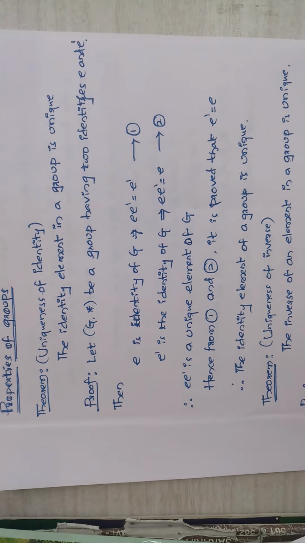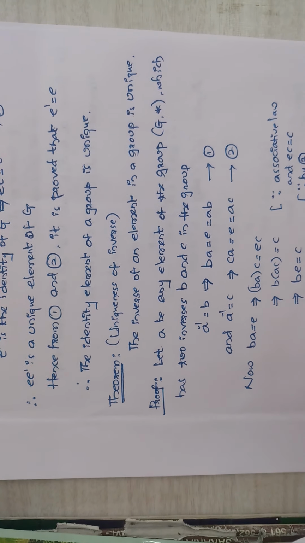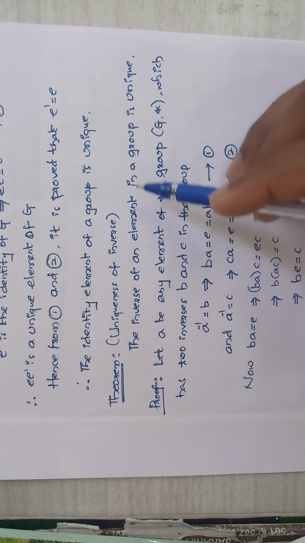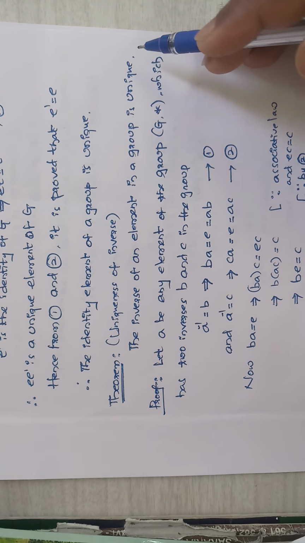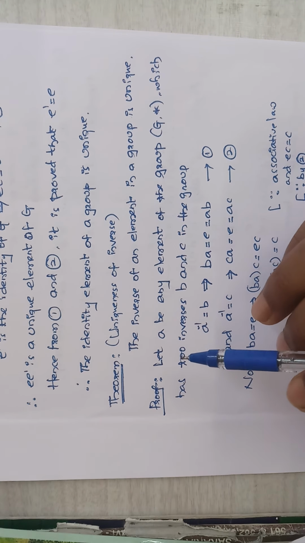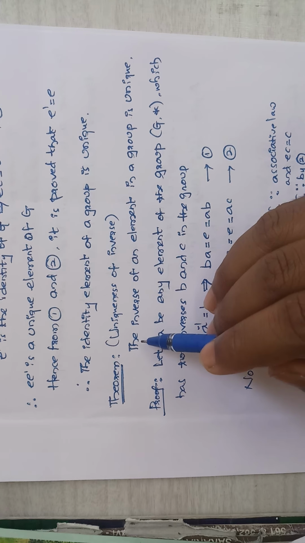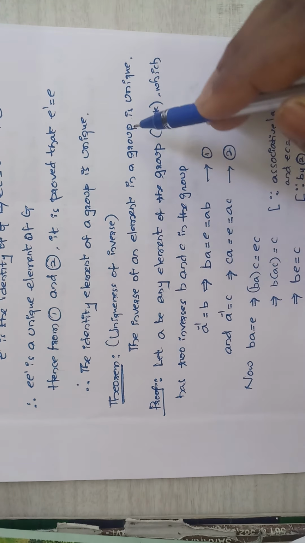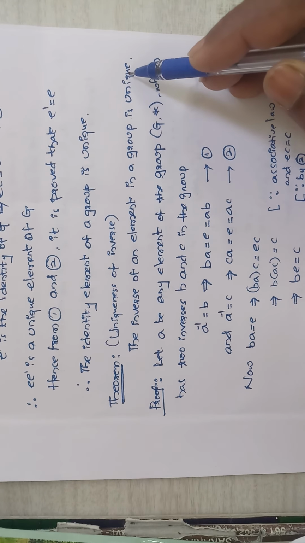Okay. So next, uniqueness of inverse. Here the uniqueness means the inverse of an element in a group Z is unique. In the exam they can ask: prove that the inverse of an element in a group Z is unique.